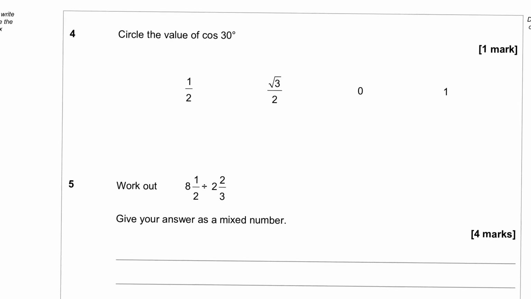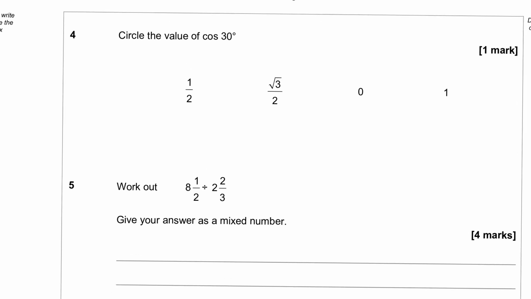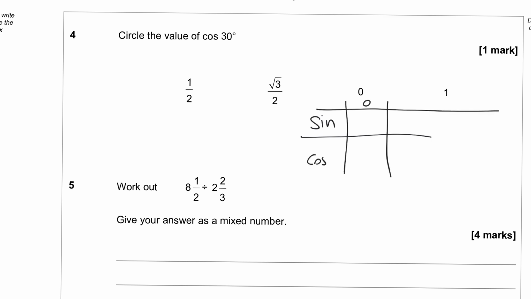So moving on to question 4, we've got a bit of cos 30. For higher spec, they are expecting you to know your values for your sine, cos, and your tan. So I'm just going to quickly plug you with this. So sine, cos, 0, 30 degrees, 60, 90.